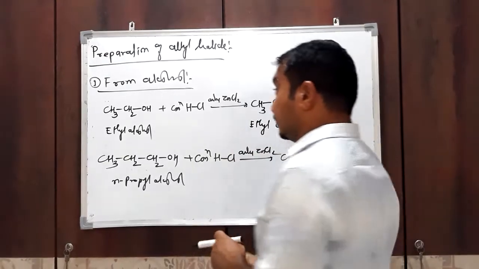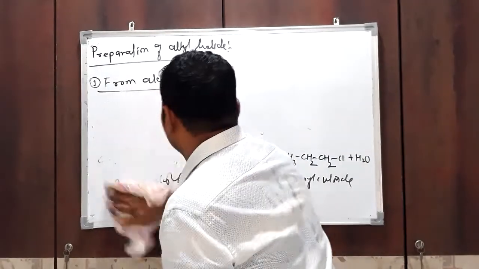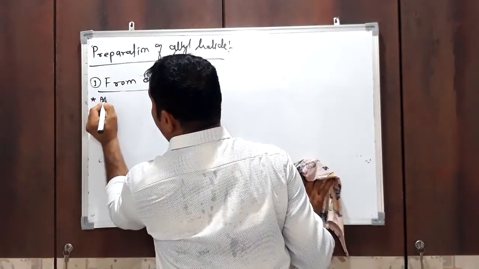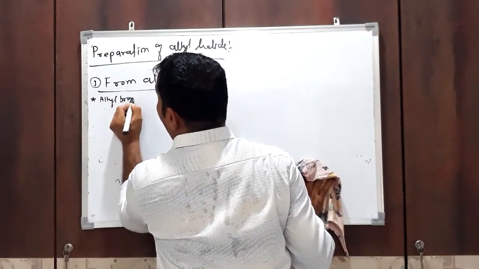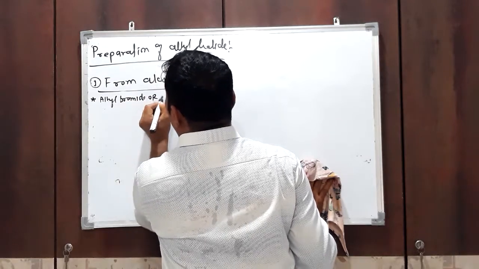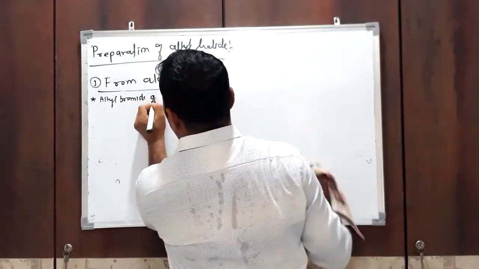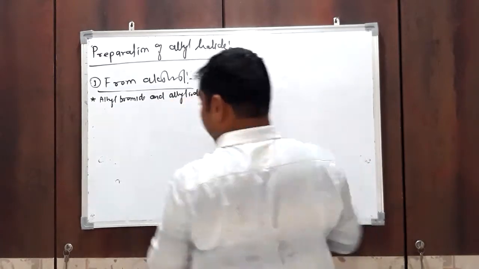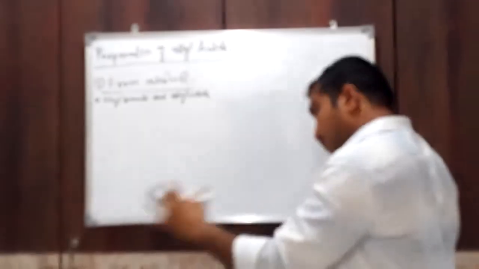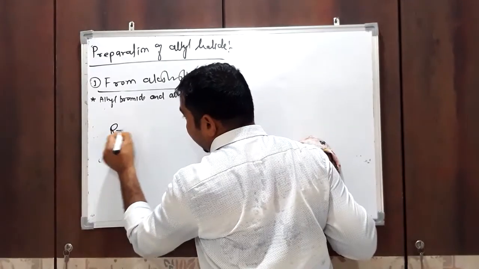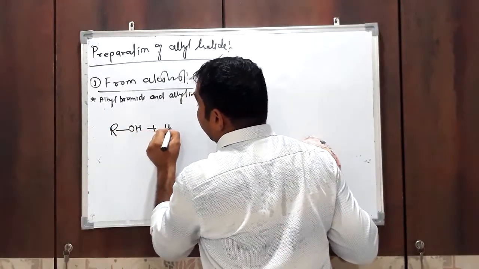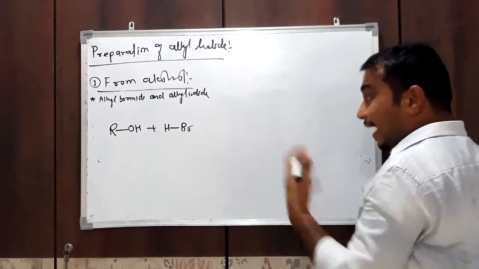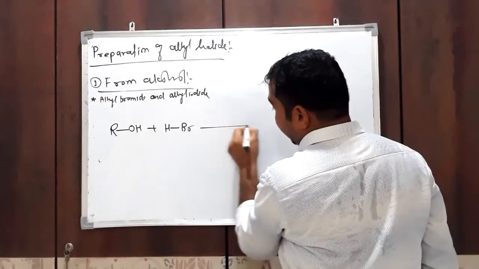Next, now preparation of alkyl bromide and alkyl iodide. For this, same reaction, alcohol is treated with HBr for alkyl bromide and HI for alkyl iodide.